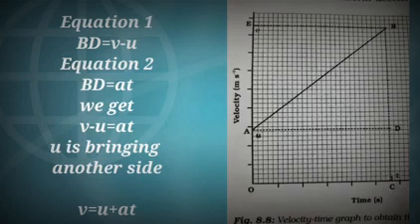So you can write V is equal to U plus AT. Dear ones, this is the first equation of motion. V is final velocity, U is initial velocity, A is acceleration and T is time.